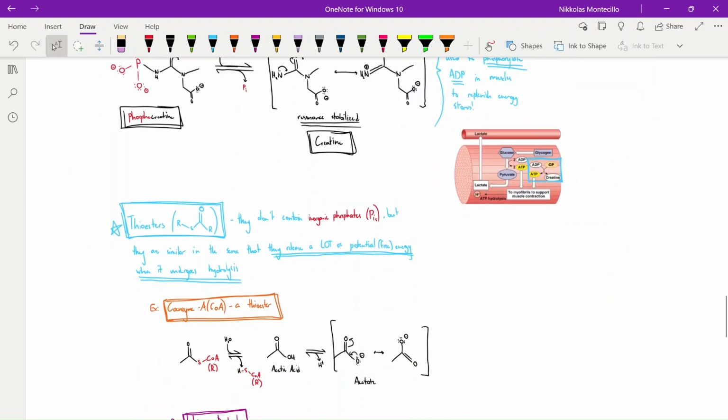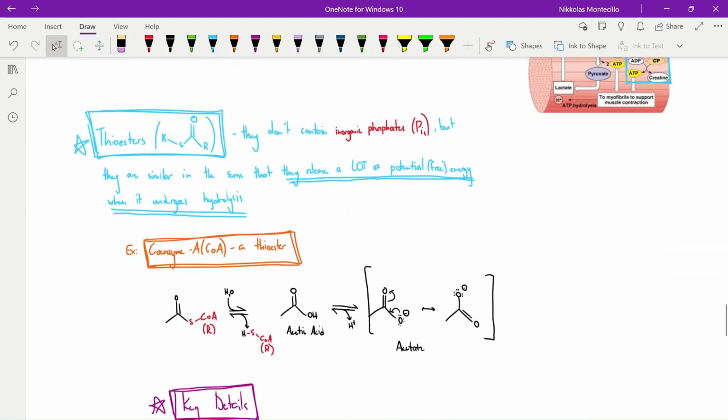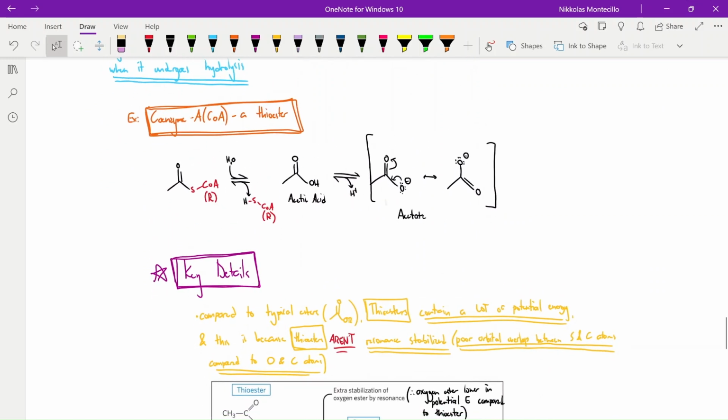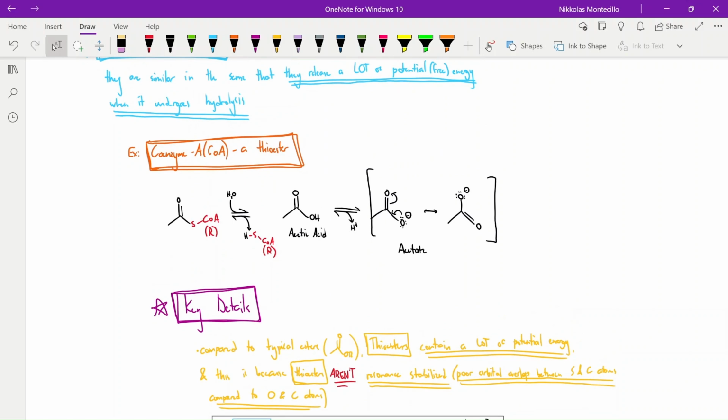And lastly, we have thioesters. Now, thioesters are a very special case. Thioesters don't contain inorganic phosphates, but they're similar in the sense that they release a lot of potential free energy when they undergo hydrolysis. So, in the example of coenzyme A, which is a type of thioester, the thioester undergoes hydrolysis, forming acetic acid, right?